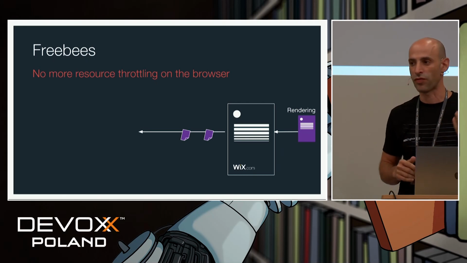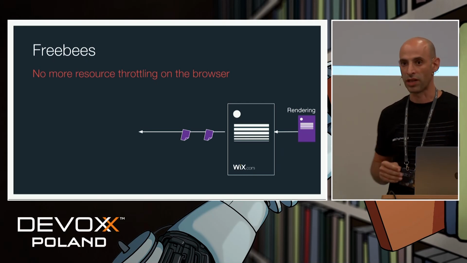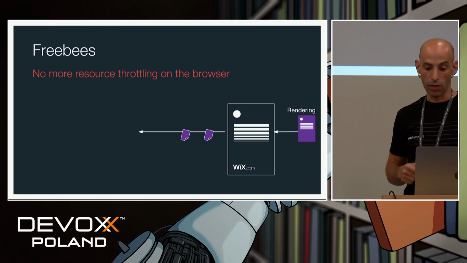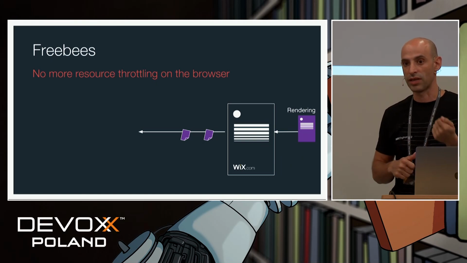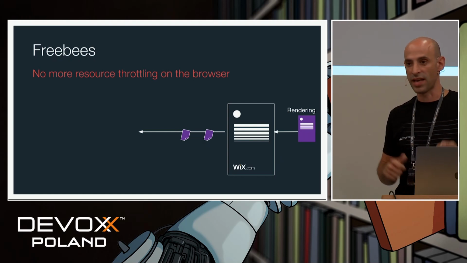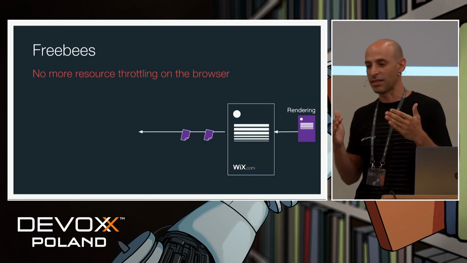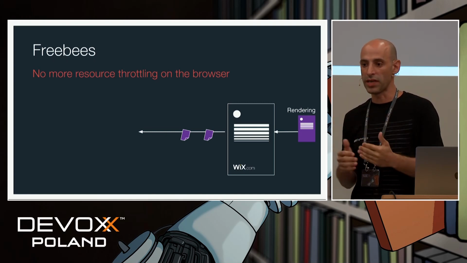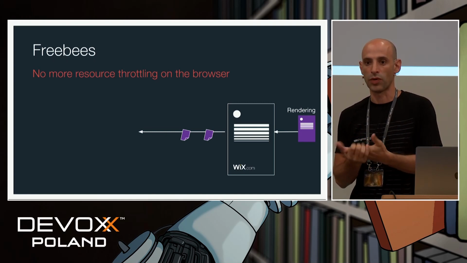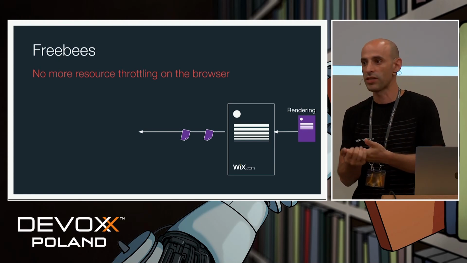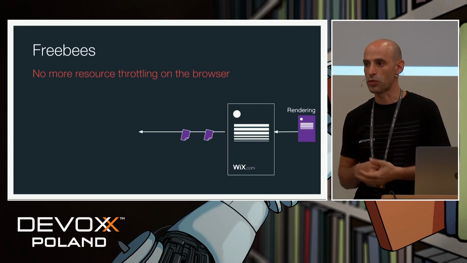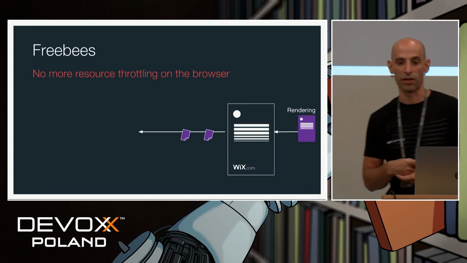Browsers take like 5 resources at a time, or even less, or even more, and it changes and you cannot control it. So one of the effects that we noticed is that the page itself would load a lot faster. When the browser got to the part where it got the HTML and the other resources, the download pipeline was empty, and it was willing to download more and more stuff.